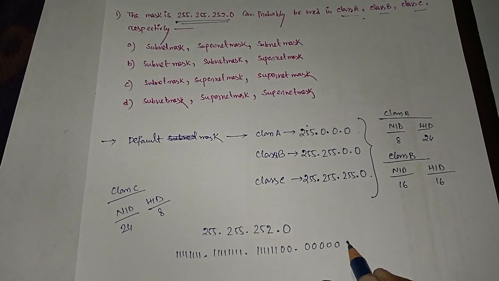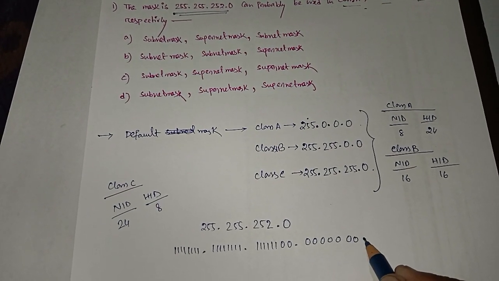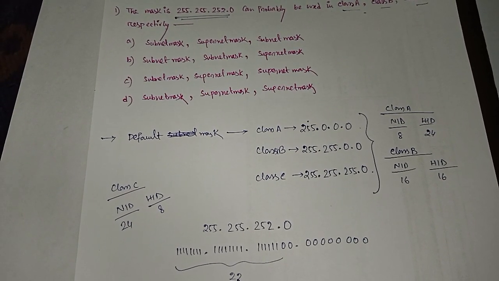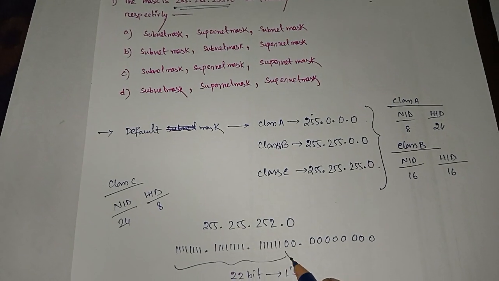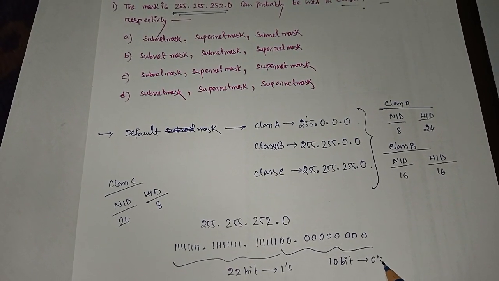And lastly, 0 means all 8 bits are 0. So from here we get 22 bits of ones, and the remaining 10 bits are zeros.